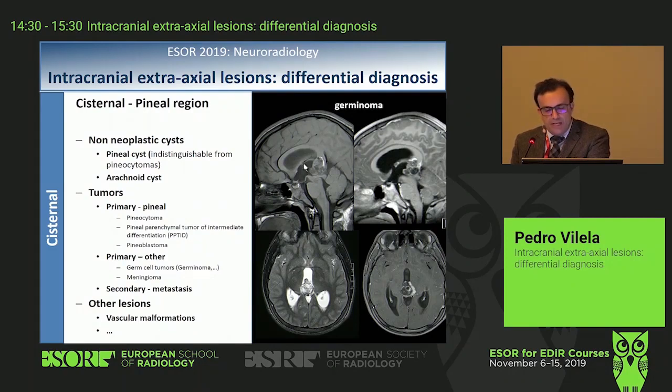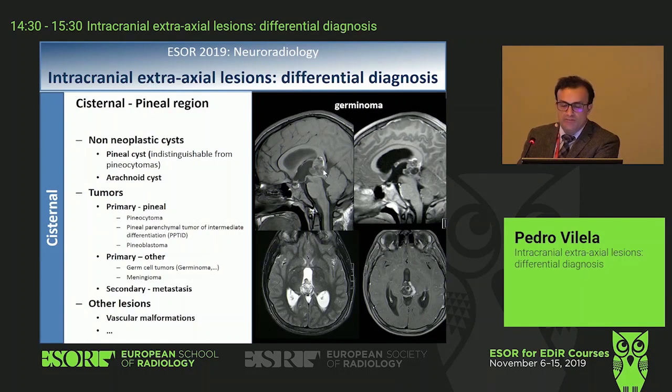Another area of differential diagnosis that is important is the pineal gland area, or the posterior wall of the third ventricle area. And here you have non-neoplastic cysts from the pineal, or you can have arachnoid cysts, and you can have tumors, primary of the pineal, pineocytoma, with the intermediate differentiation, and pineoblastoma, typically from the pediatric population, and in adults, germ cell tumors like germinoma, and this was the case, and also meningioma in this area.